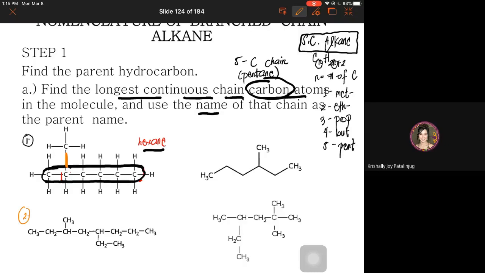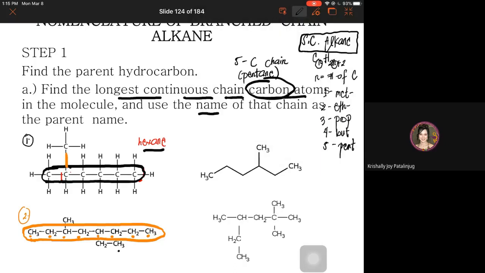Let's have the second molecule. It is the same. This would be the parent chain, the longest continuous chain of carbon atoms. We're talking about the carbon atoms. Count them: 1, 2, 3, 4, 5, 6, 7, 8. That is the longest.